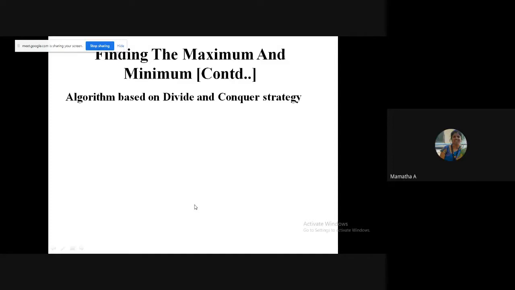After dividing into the two sub-problems, what is the solution of the first sub-problem? Since I'm finding the maximum, I should find the maximum in the first half.